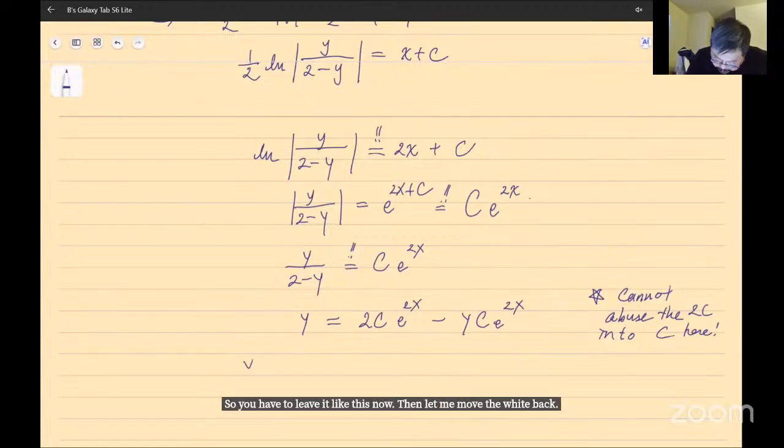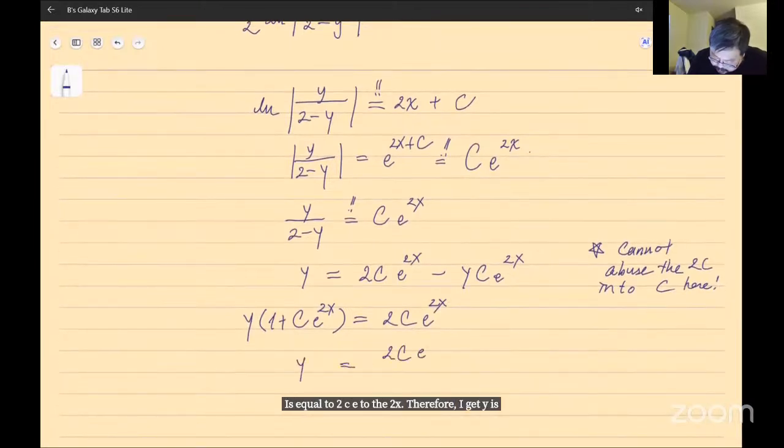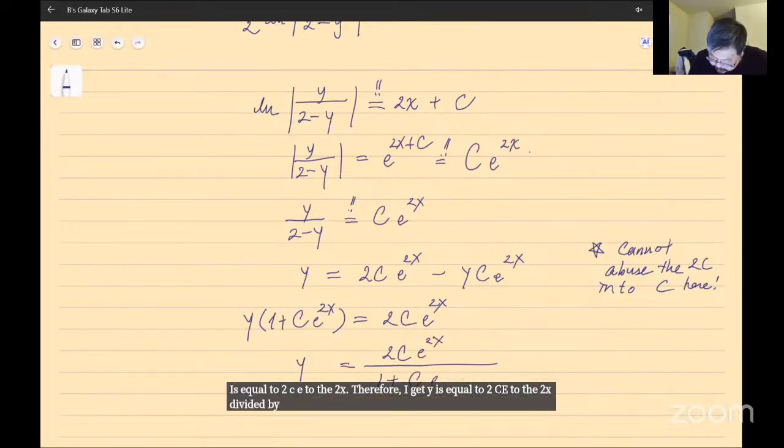Now let me move the y back. I'm solving for y, right? So I have y times 1 plus c e to the 2x is equal to 2c e to the 2x. Therefore, I get y is equal to 2c e to the 2x divided by 1 plus c e to the 2x. Okay.